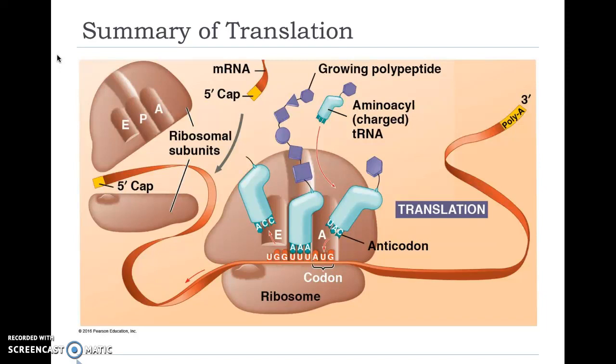Its code is called an anticodon. The anticodon is going to match up or complement the codon in that mRNA strand. And when they match up, again with base pairing rules, that signals that the appropriate amino acid is made and can be released into that polypeptide chain in order to build the protein.